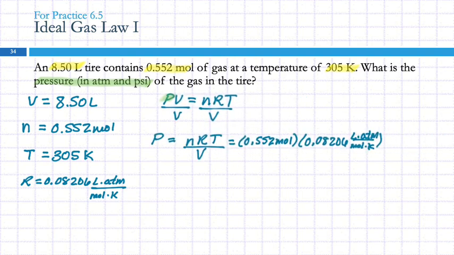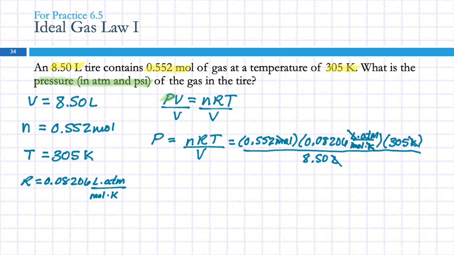Temperature, 305 Kelvin, divided by the volume, 8.50 liters. Write all the units in. So my moles are going to cancel here. My Kelvins are going to cancel, and my liters are going to cancel, which leaves me with atmospheres.